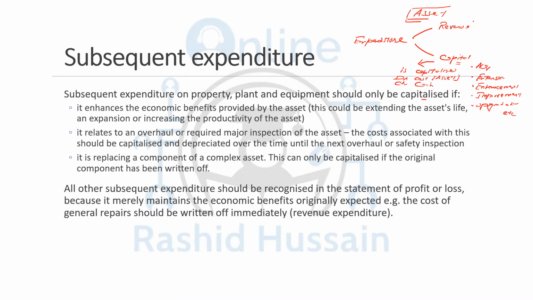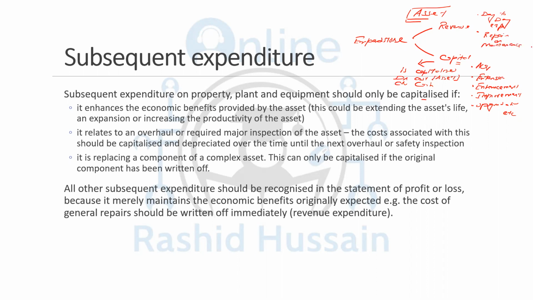The revenue expenditure is when you have the day-to-day expenses. For example, when you talk about the purchase of inventory, it's the revenue expenditure because it's a day-to-day expense. And similarly, when you have an expenditure on the non-current asset, which is related to the repair or maintenance.